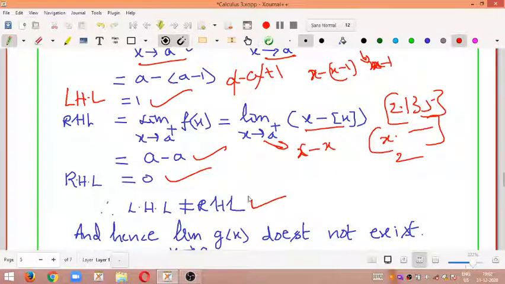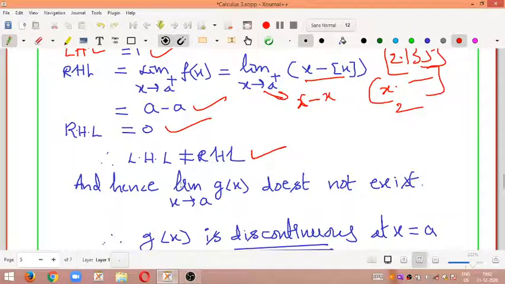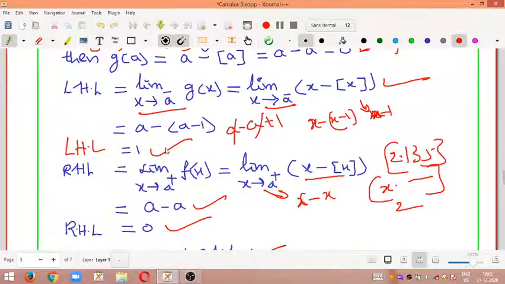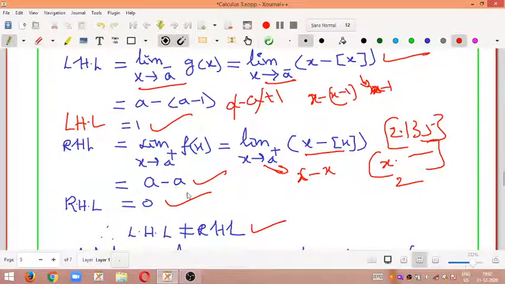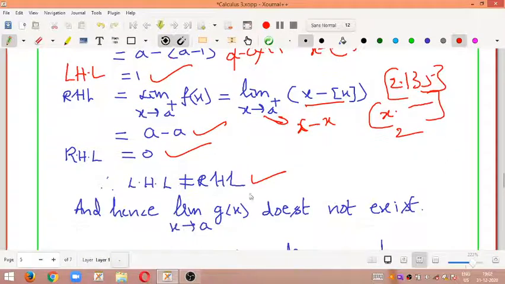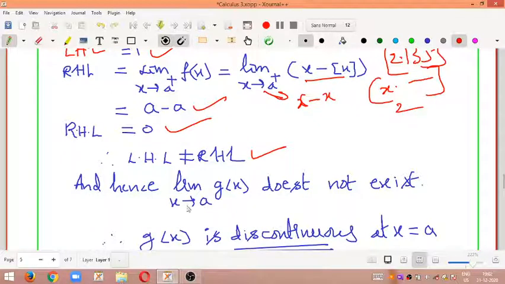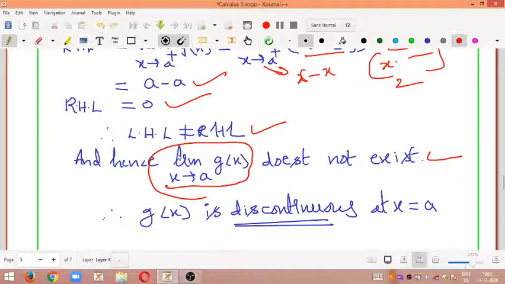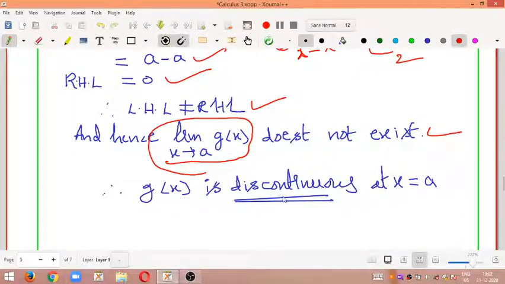So they are not equal. Here LHL and RHL both exist but are not equal. So that's why this is the first kind of discontinuity. And hence the limit as x tends to a of g of x does not exist. So g of x is discontinuous at x is equal to a.